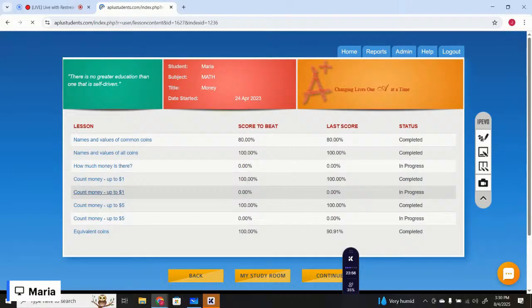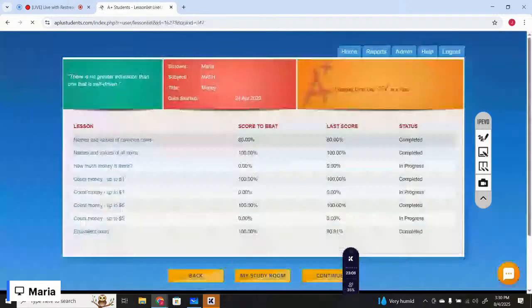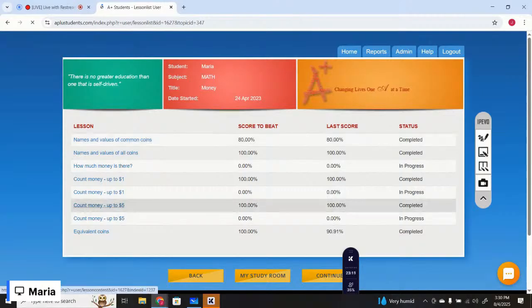What's wrong with the lesson? Oh yes, let's just move on to the next one. That is count money up to $5.